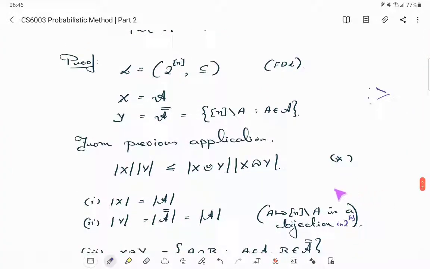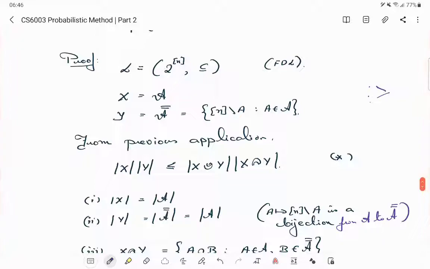So this is a bijection from script A to script A double bar. If you have a bijective function between two finite sets, they have the same cardinality.